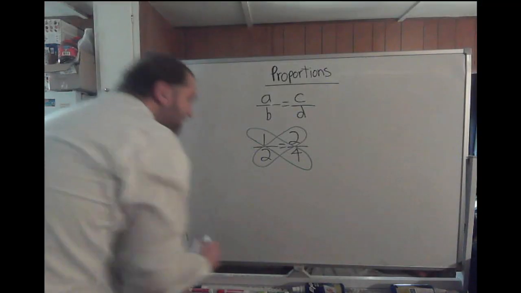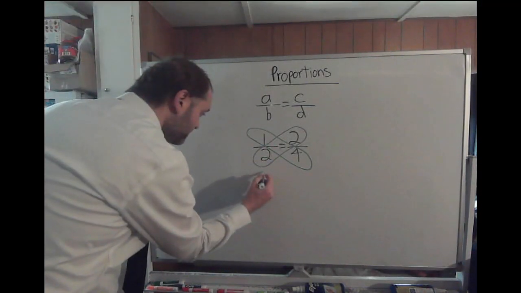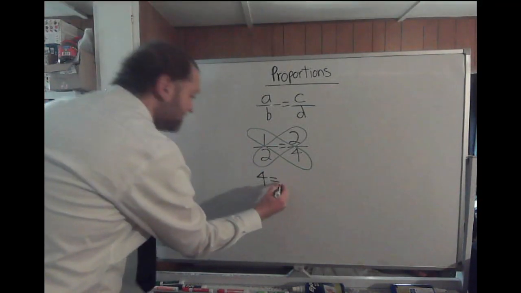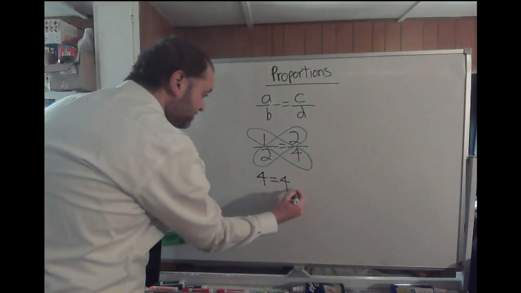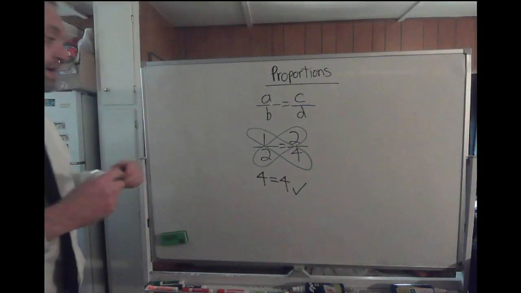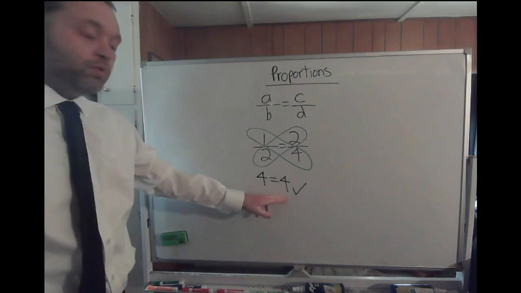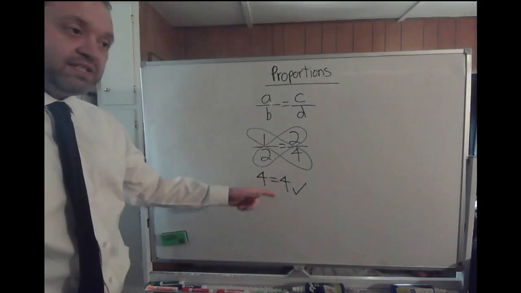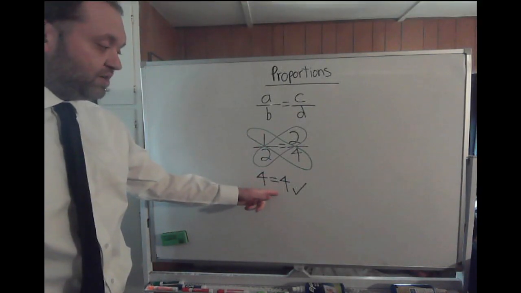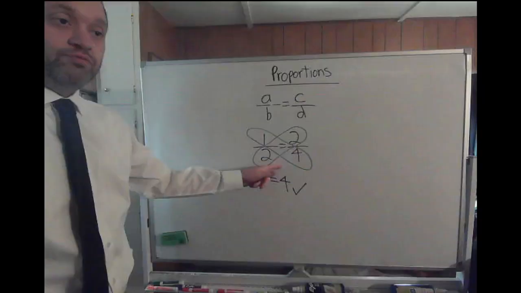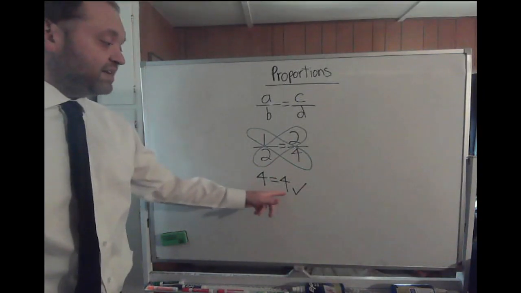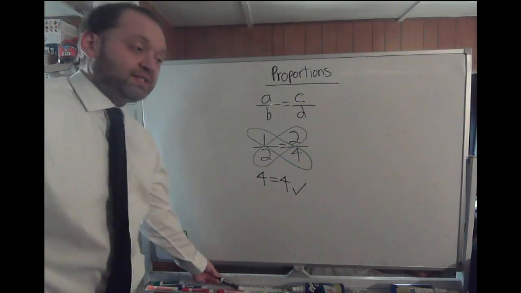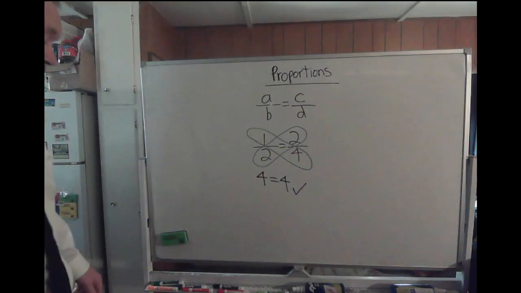So if we do that, 1 times 4 is 4. You set that equal to 2 times 2, which is also 4. If the left side equals the right, when you've done the cross product of the means and the extremes and set them equal to each other, then you have a true proportion. If the left side and the right don't equal up for their products, then the ratios are not in proportion.